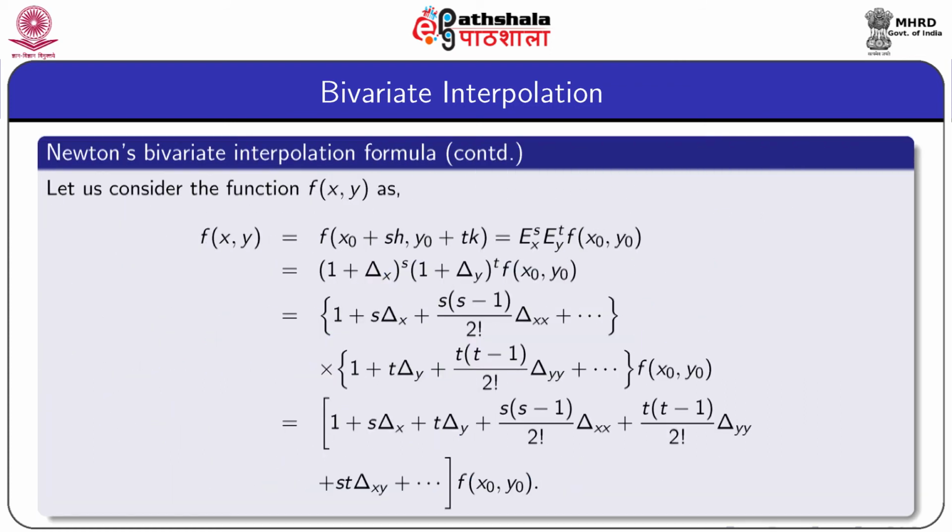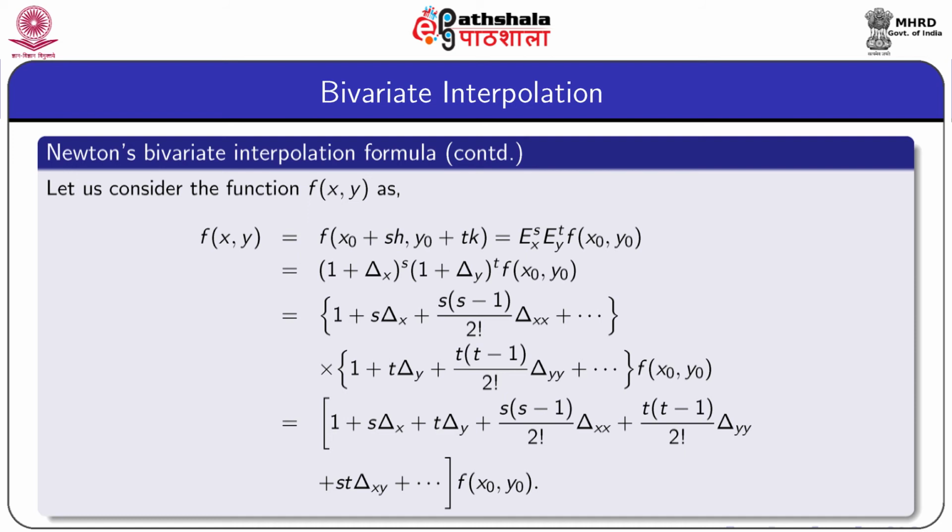Now, let us consider the function f of x, y as f of x0 plus sh. We have written that x equal to x0 plus sh and y equal to y0 plus tk, therefore f of x, y is equal to f of x0 plus sh comma y0 plus tk, and this is equal to Ex power s of Ey power t of f of x0, y0.